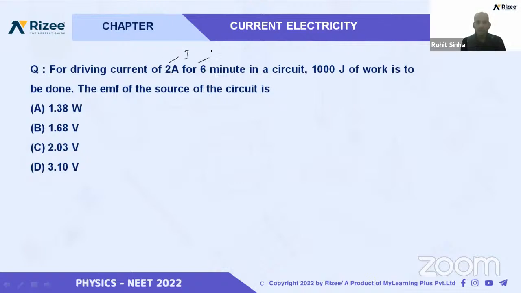Time is given, energy is given, H is given. You have to find the value of V. You know this formula, energy is equal to VIT. Use this formula and you can solve it. Very simple question, all of you can solve it.